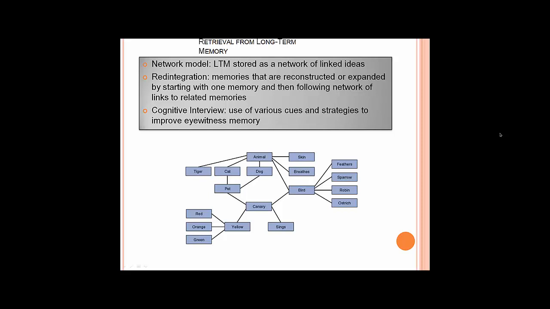So again, I could go into a lot of detail here about cases where cognitive interviews and pseudo memories were implanted, particularly in children, in order to recall abuses that in fact didn't exist.